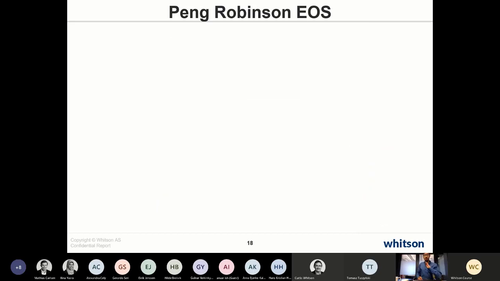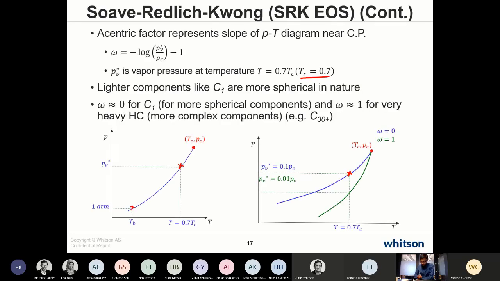So next is the Peng-Robinson equation of state. Just to summarize, the van der Waals equation of state, the cubic equation of state, was the first equation of state with two parameters, A and B. To calculate A and B, you need the TC and PC of that compound. Then there was the Redlich-Kwong equation of state model.